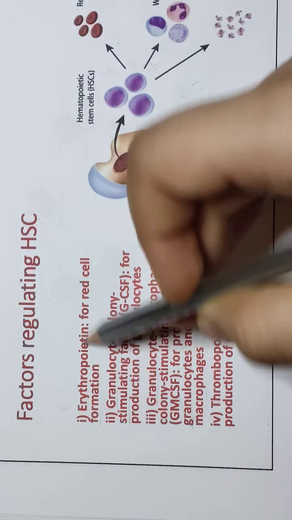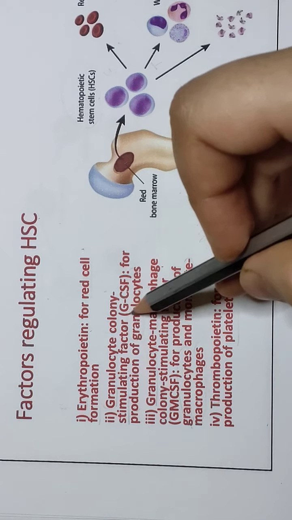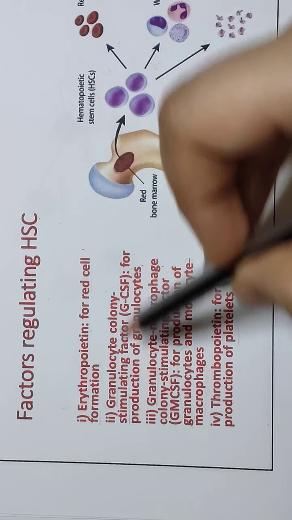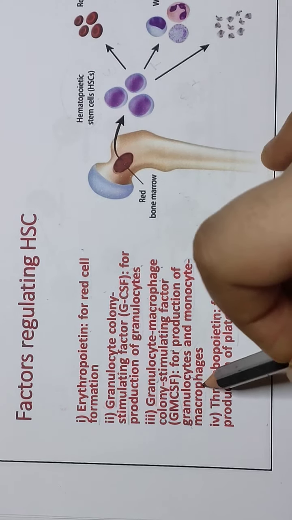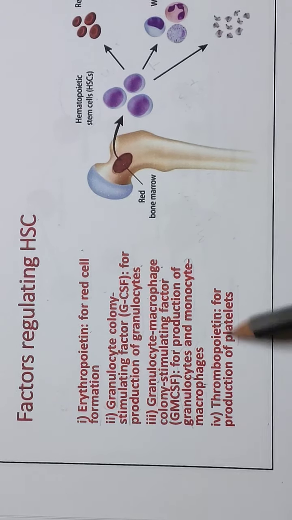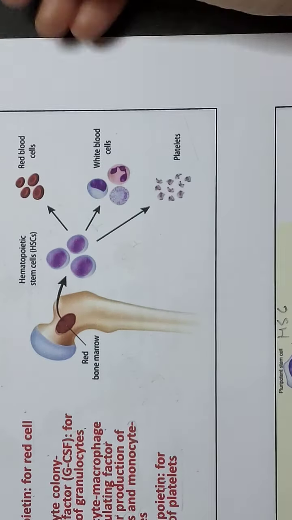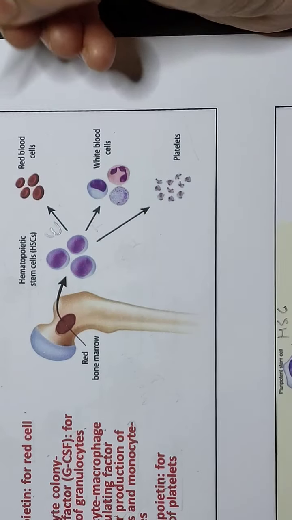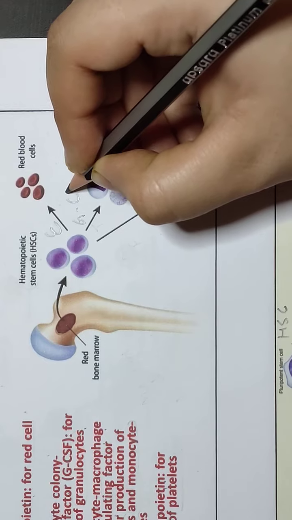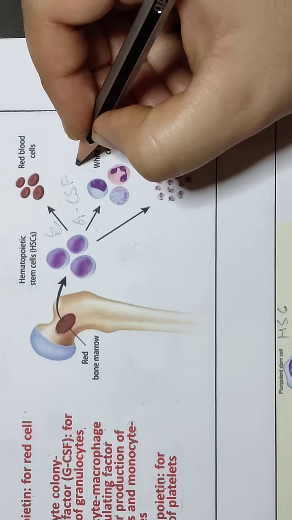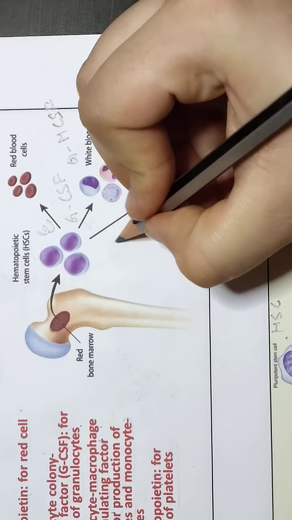Erythropoietin for red blood cells, granulocyte colony stimulating factor for granulocytes, granulocyte macrophage colony stimulating factor for granulocytes and macrophages, and thrombopoietin for production of platelets. You can see over here the factors are erythropoietin, granulocyte colony stimulating factor, granulocyte macrophage colony stimulating factor, and thrombopoietin.